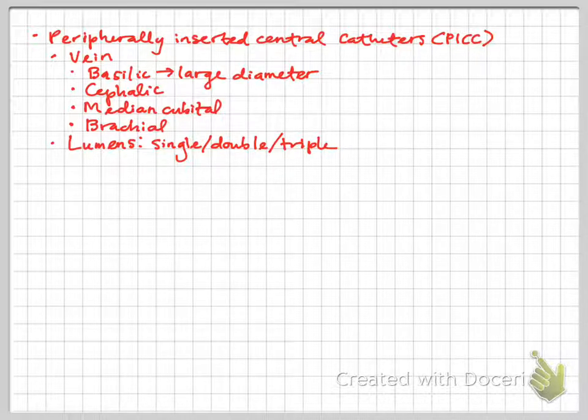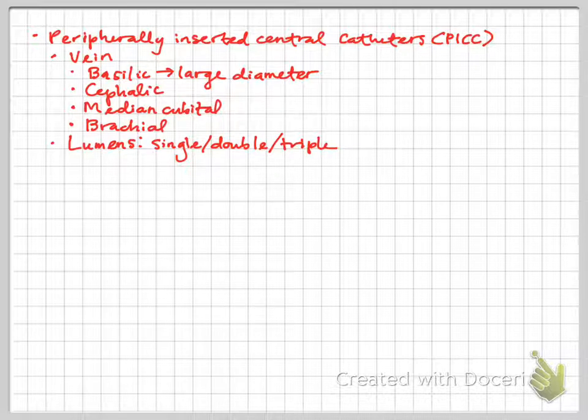Like certain drugs are incompatible with D5W. There are very, very few drugs that are incompatible with normal saline, and they're very strange drugs. But double lumens for PICCs are preferred because they allow for simultaneous use. So if you have to infuse fluids in one and something else in another, like a Cartesian drip or something like that.